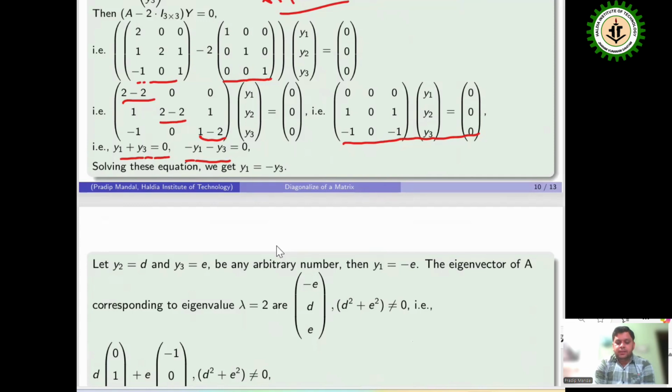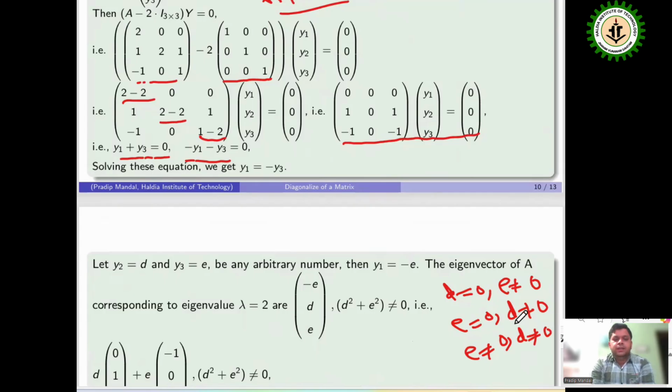In this condition, d squared plus e squared must be non-zero. That means maybe d is 0, then e must be non-zero. If e is 0, then d must be non-zero, or both non-zero. This is the condition.